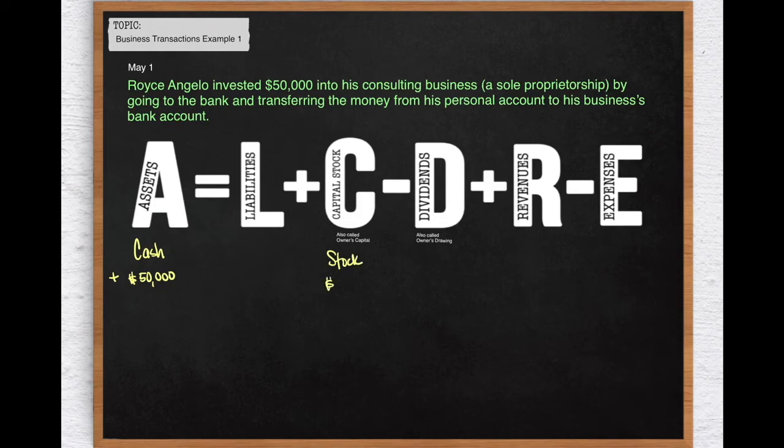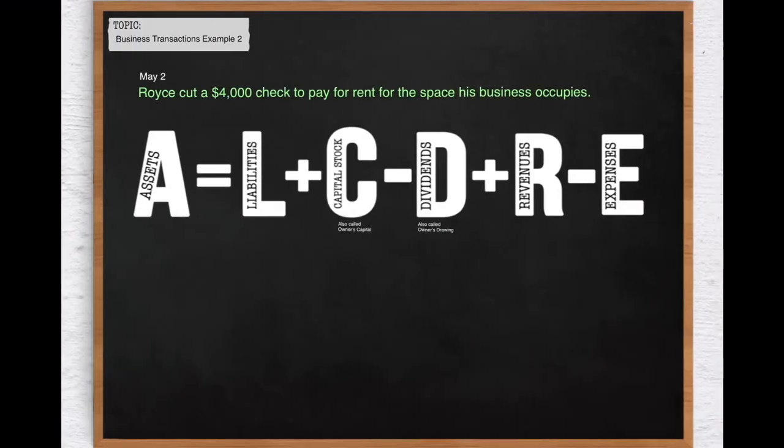And then on the right side, you want to record capital. Here it says stock, but it should say owner's capital of 50,000. Sorry for the mistake there. Here, the accounting equation is now in balance. You record cash and capital for $50,000 each. 50,000 equals 50,000.